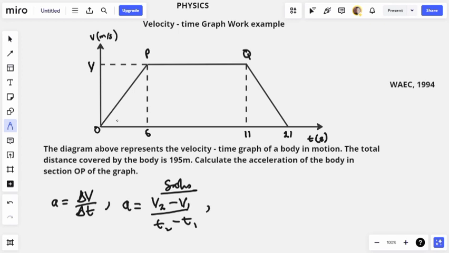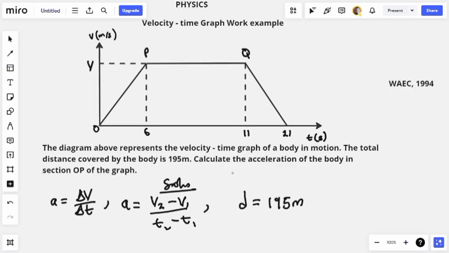So the first thing we have to do is to find this V. They've given us the parameter that the total distance covered by the body equals 195 meters. From this data, we're going to find our maximum velocity first. Then with the velocity, we can find acceleration. So let's proceed.